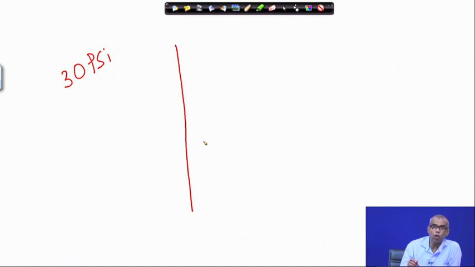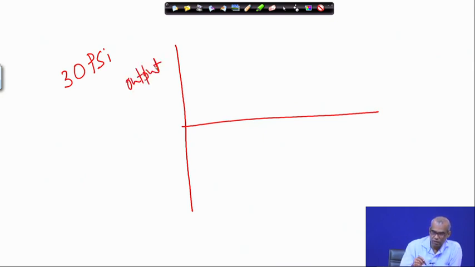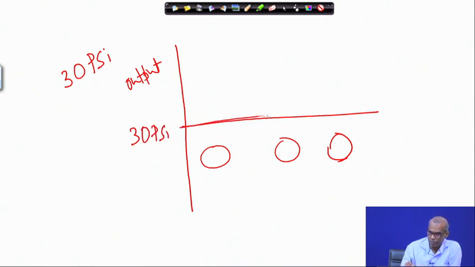Ideally, I should always get 30 psi pressure. Let us say this is my output scale and here each instance of measurements. So, let us say this is the 30 psi line.